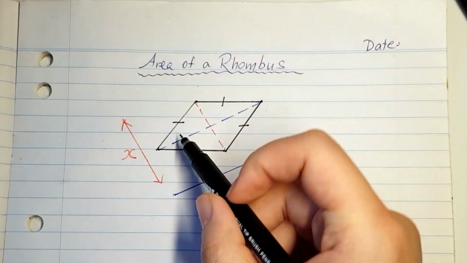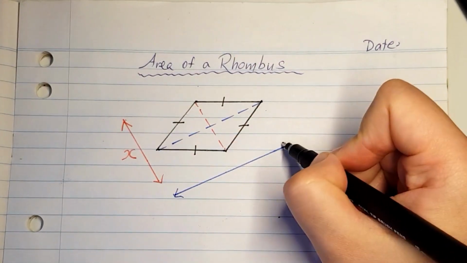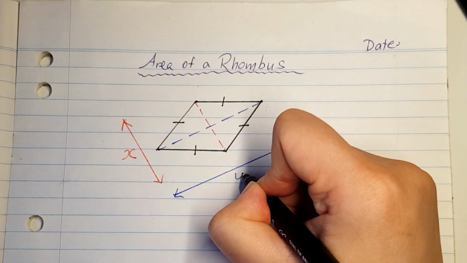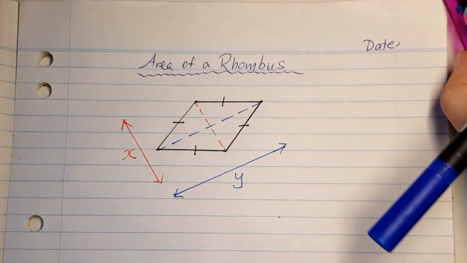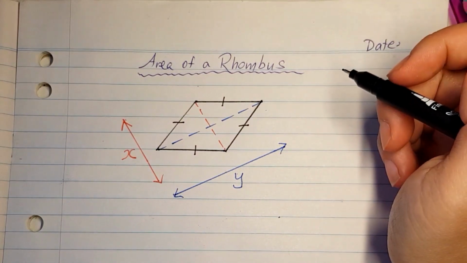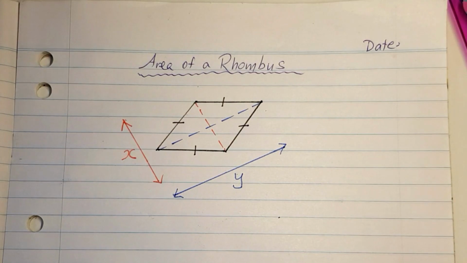So that line is the same length as that dotted diagonal, and this will have a length of Y. Now I'm going to do a little bit of transformation to show you how everything is going to work.